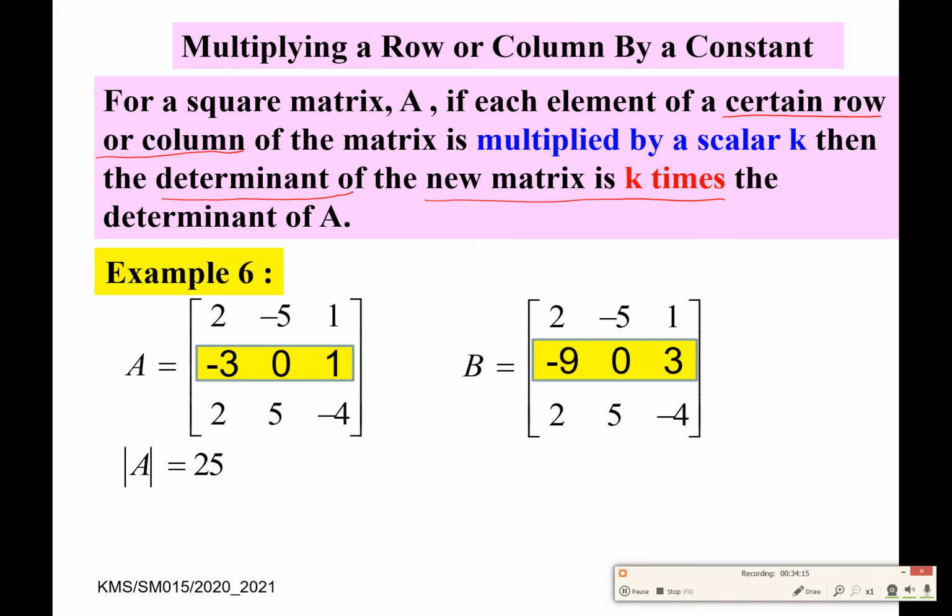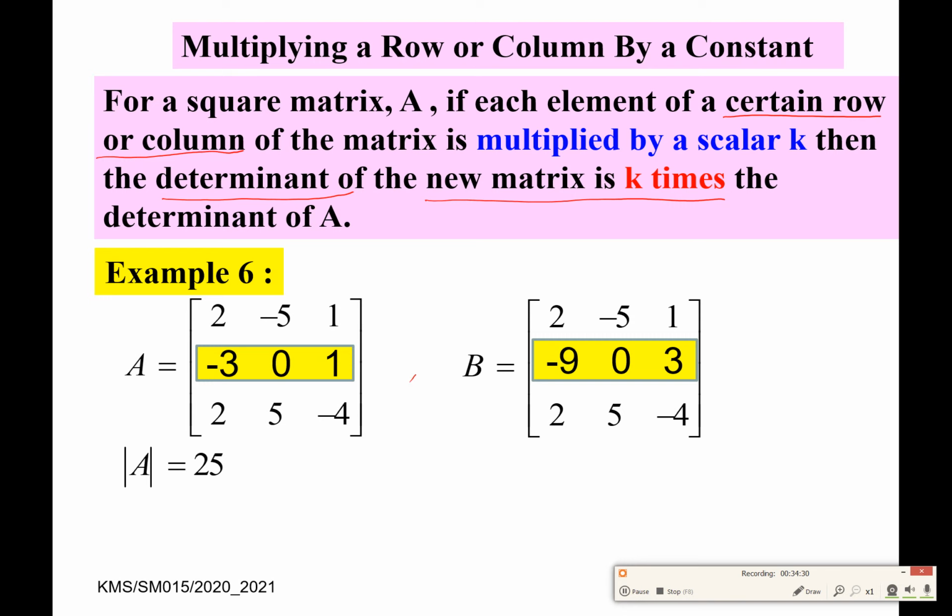Let's look at this very simple example. You are given A: 2, negative 5, 1, negative 3, 0, 1, 2, 5, negative 4, and the determinant of A is 25.